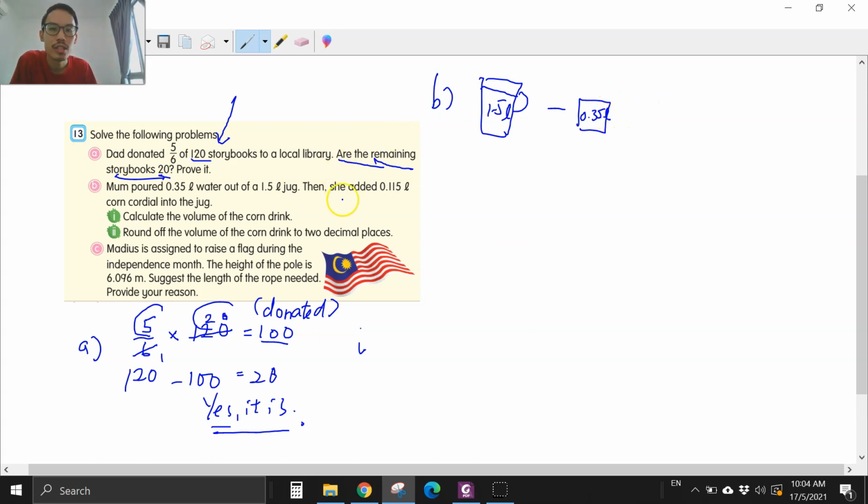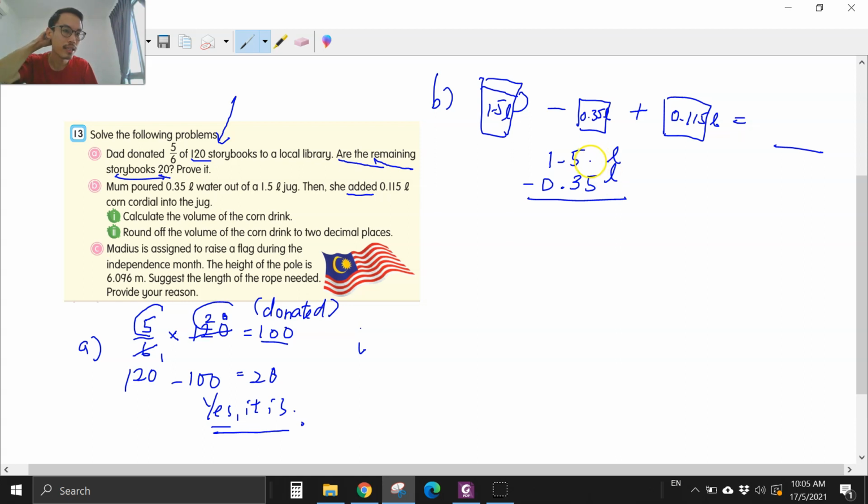And then she added. Added, you kena tambahkan. Another 0.115 liters. So calculate the volume. So 1.5 minus 0.35. So remember to write your liters.